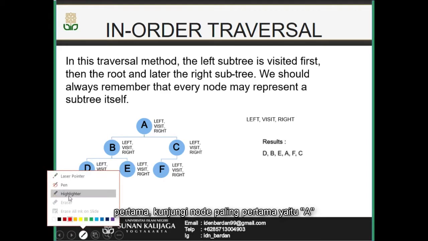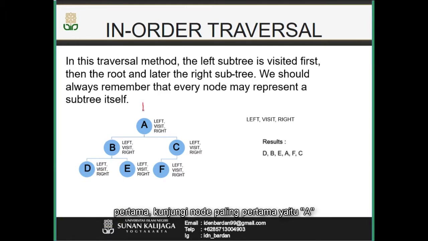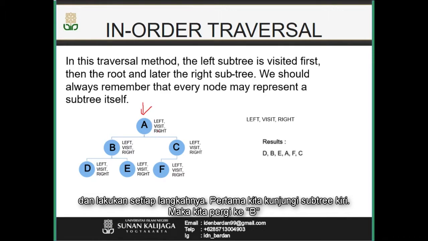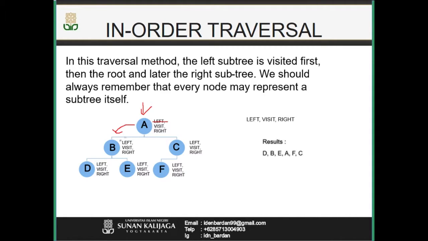So first, visit the very first root node, which is A, and then do all the steps. First we go into the left subtree, then we go to B and do the steps on each node.